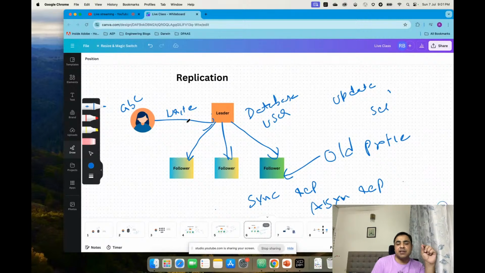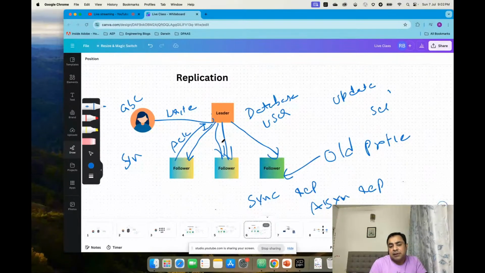Acknowledging the user means, let's say you are uploading a file; for you, acknowledgement is when you get the message that your profile has been updated. Until then, you will see that your operation is not successful. So the user writes to this leader, and in case of sync replication, it will go to the different followers and execute the same operation there as well. Then each follower will send an acknowledgement that it has updated the record.